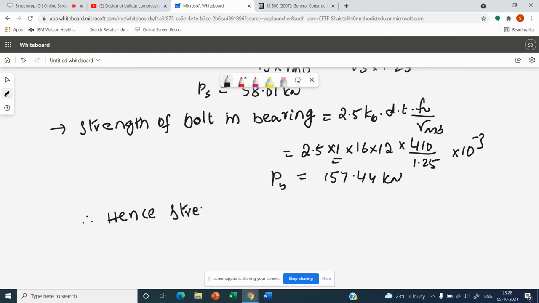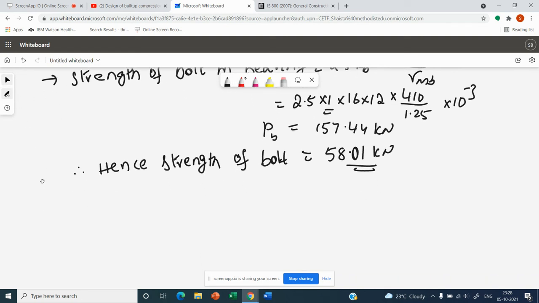Hence, strength of bolt is whichever is less. One is 58, another is 157. So 58.01 kilo. So once you get it, you can calculate the number of bolts required, right?